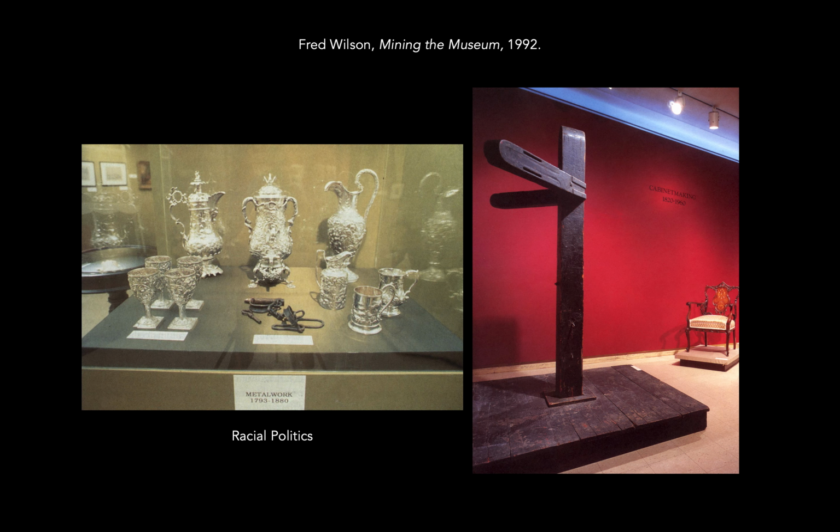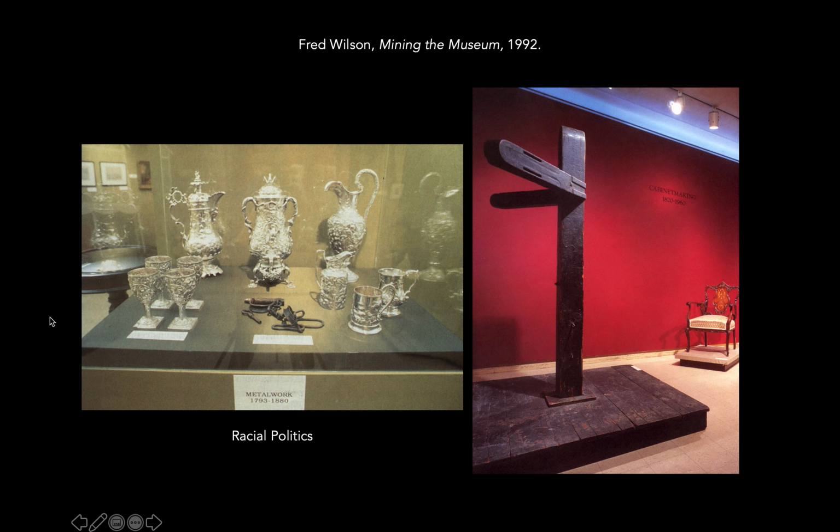But with his recurating of the collection, you would walk in and see these beautiful chairs, but then you would also see this whipping post, which was made of wood, right? A slave would be tied and then whipped and beaten. So you're seeing the underbelly of violence and the underbelly of racism, which was a big part of the formation of this country, unfortunately, of its economy and of its culture.